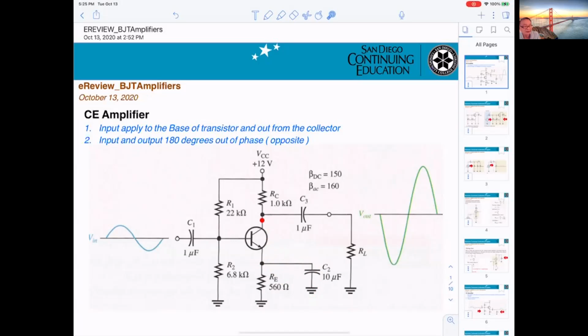And at the collector here, you will also get DC and AC, okay? The thing is you still get a DC voltage for the collector, okay? And at the Vout, the only thing you get will be AC.